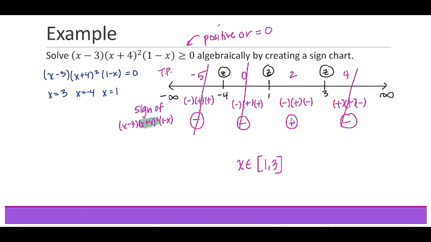Now, there's one small thing that we have to make sure that we don't forget. We wanted to know when I was both positive or equal to 0. So in this interval from 1 to 3, I captured my zeros of 1 and 3 with these brackets. But this negative 4 value, that's also a place where the function equals 0. So I have to include this one value, negative 4.